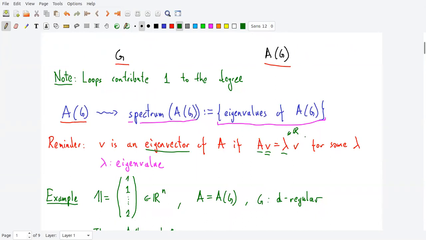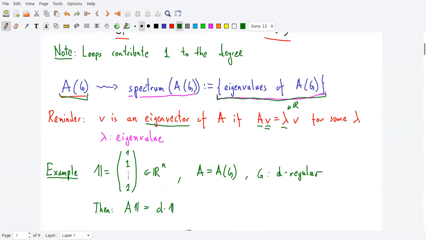So it just shrinks or expands this vector, but preserves its direction. So these are eigenvalues. And we will try to understand the properties of this matrix A through understanding its spectrum, so the set of eigenvalues and also the set of corresponding eigenvectors for these eigenvalues. Yeah, so let's take a quick example.